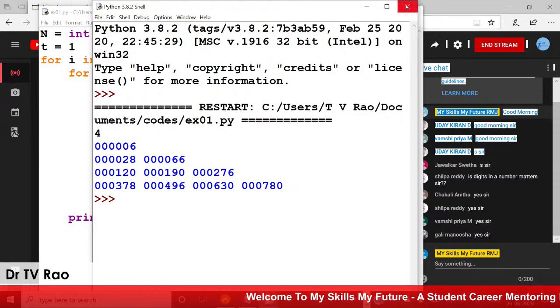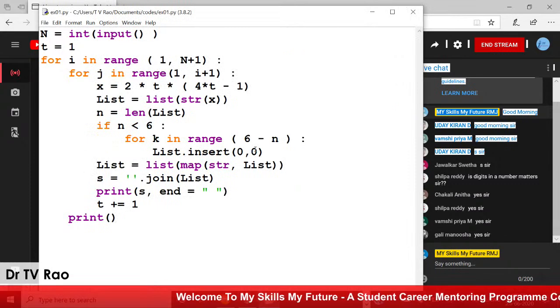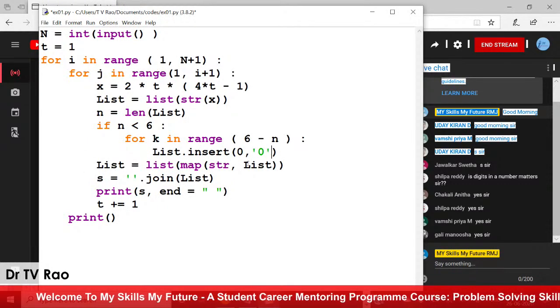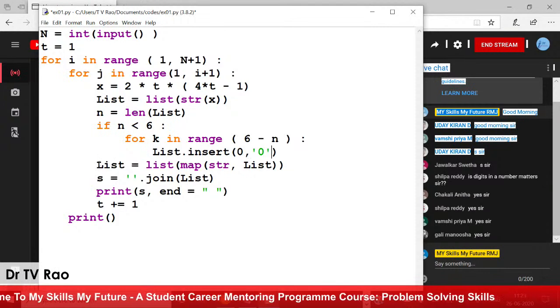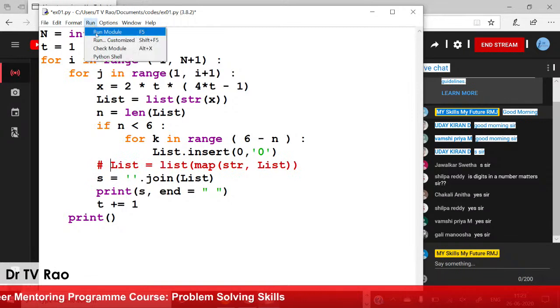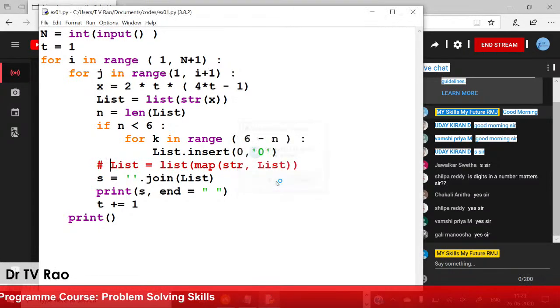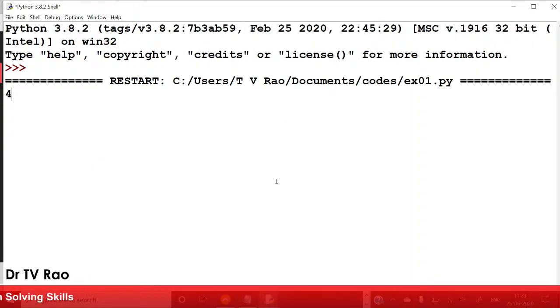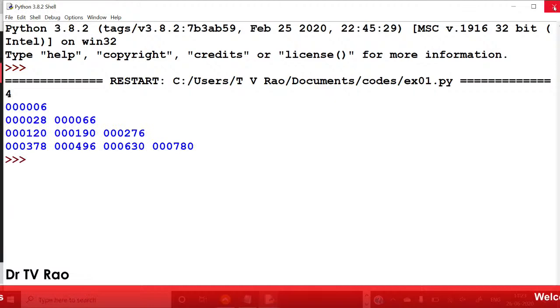So what should we do? Instead of adding 0, add a string. Okay, then you will not require this. Still you get the output you want. For reducing processing time, this is an intelligent way of writing a program.